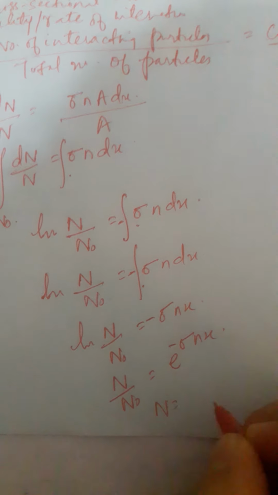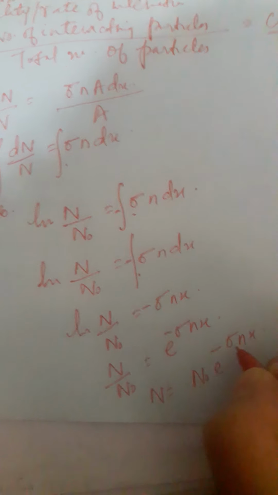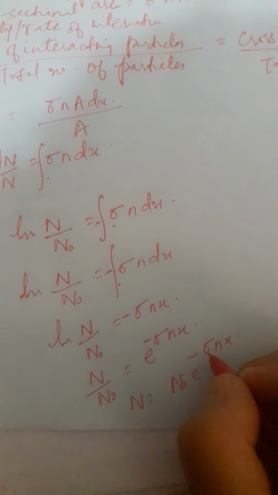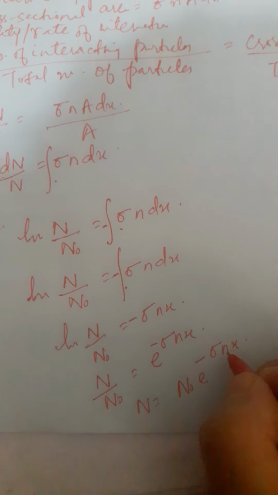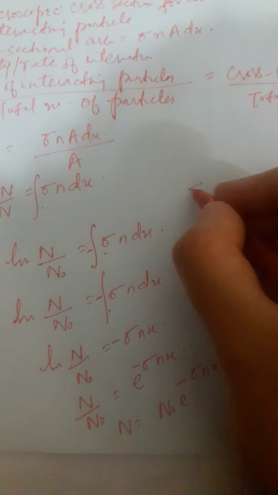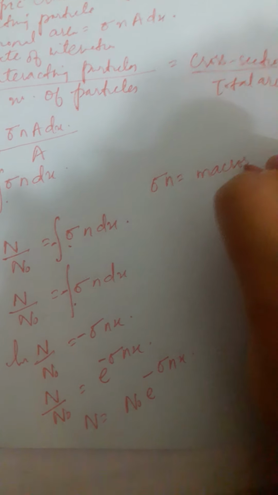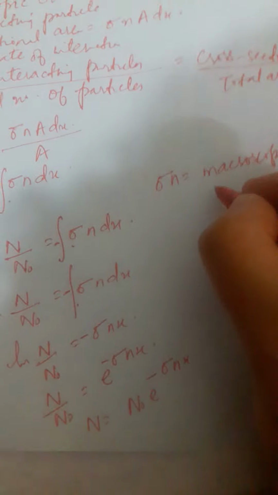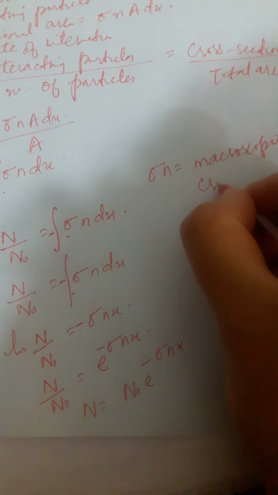So n is equal to n naught e to the power minus sigma n x. This sigma is the microscopic cross section offered by each particle, and n is the number of particles per unit volume. Therefore, sigma into n is called the macroscopic cross section.